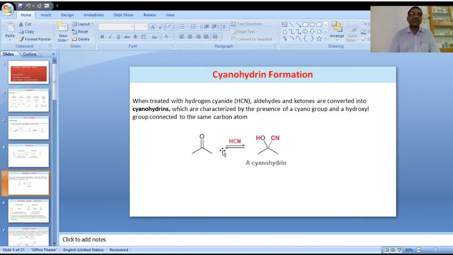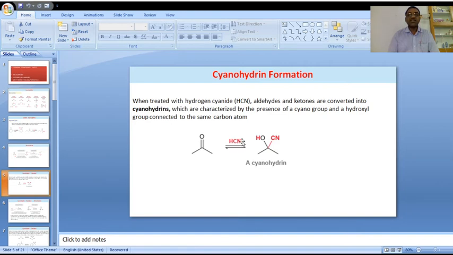Is it clear? The starting material, aldehydes or ketones, reacts with hydrogen cyanide, HCN, which breaks into H plus and a CN minus nucleophile.